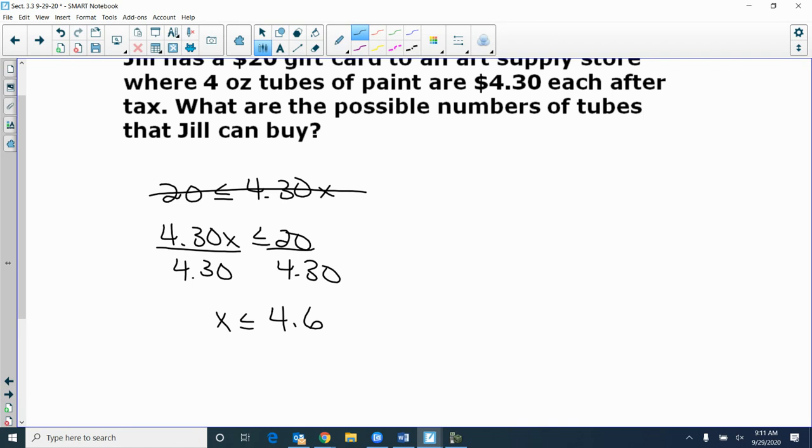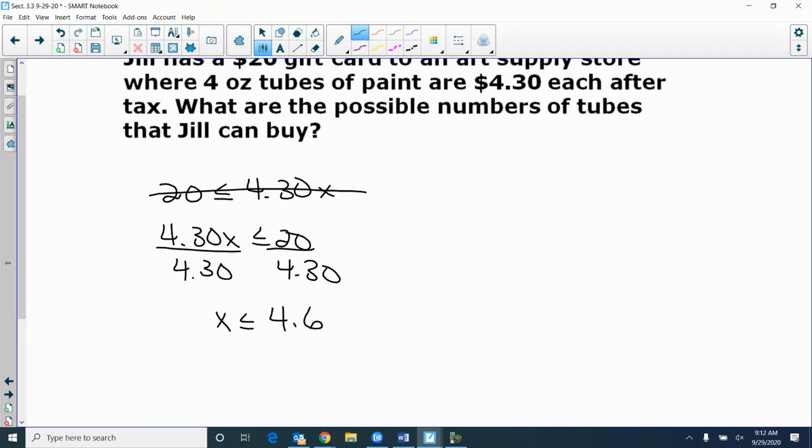It says, what are the possible numbers of tubes that Jill can buy? She can buy 4, but is that it? What else could she buy? They're all the same ounces, right? She can buy 4 tubes. That's the most she can buy. Can she buy less than that?